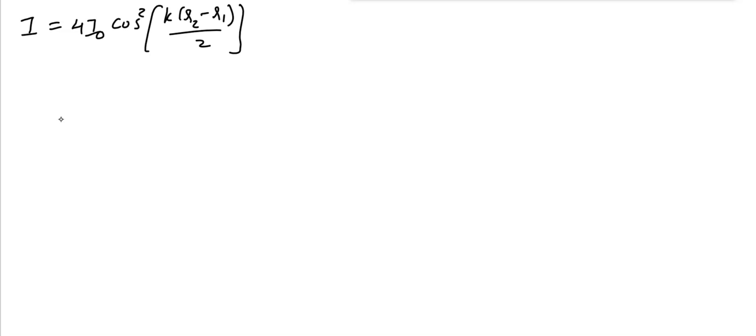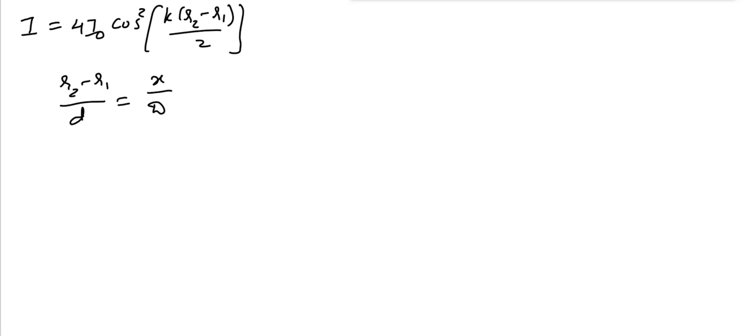As we derived in the earlier video, I can be given as 4I0 cos square k (R2 minus R1) by 2. This is one equation of intensity. And then last time we had a new relation between R1 minus R2, which is given as this.